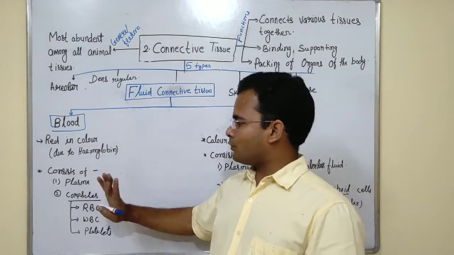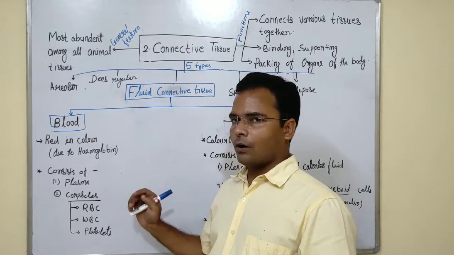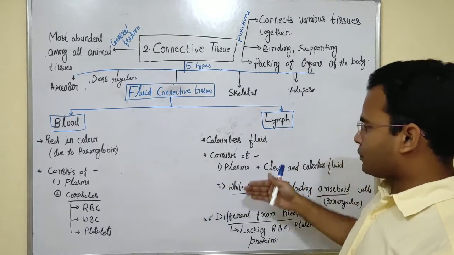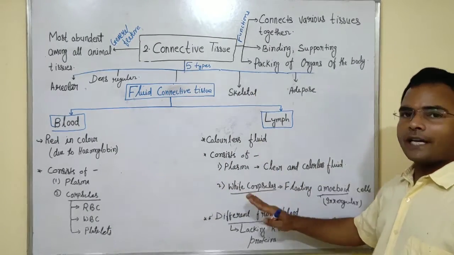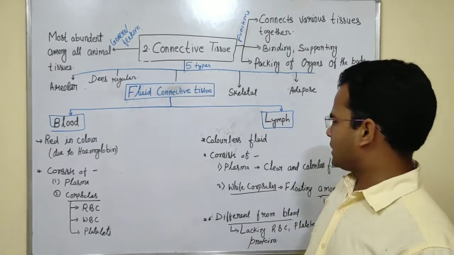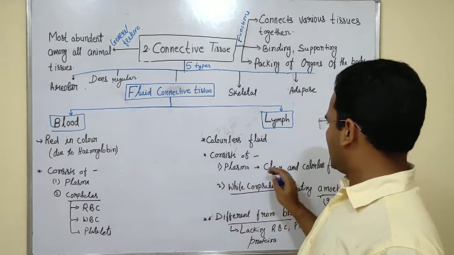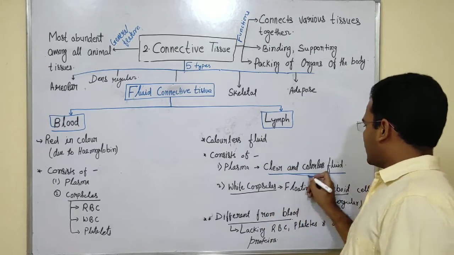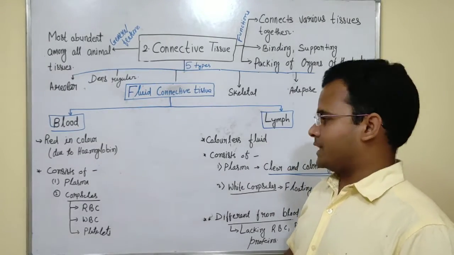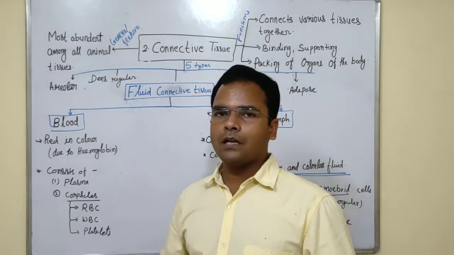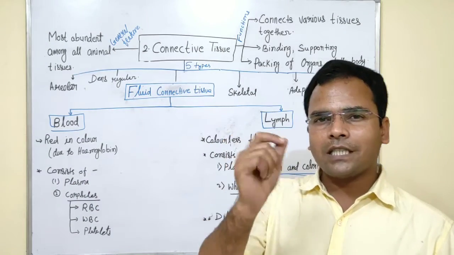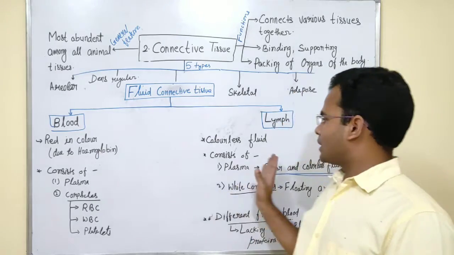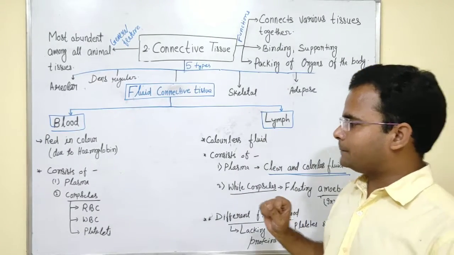The blood consists of two parts, plasma and corpuscles, or the cellular part, but the lymph also contains plasma and the white corpuscles. Here again there is a difference. In lymph, the plasma is a clear fluid, but in the blood the plasma is a lemon yellow colored fluid, and it contains platelets also, but no platelets are there in lymph.